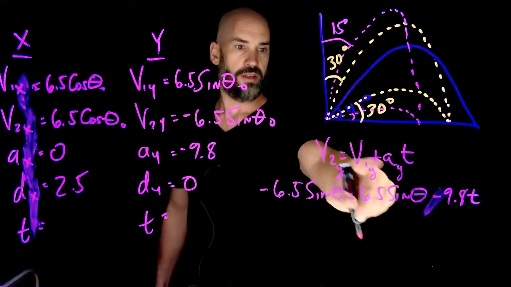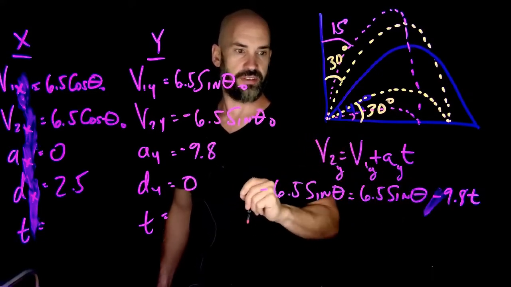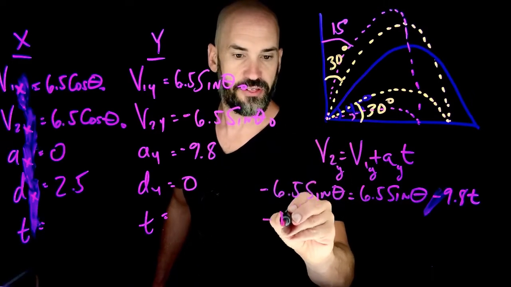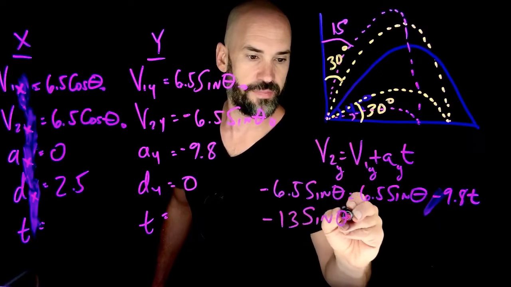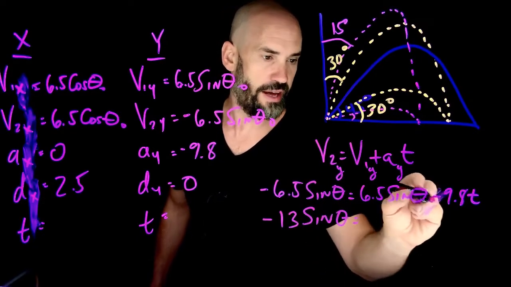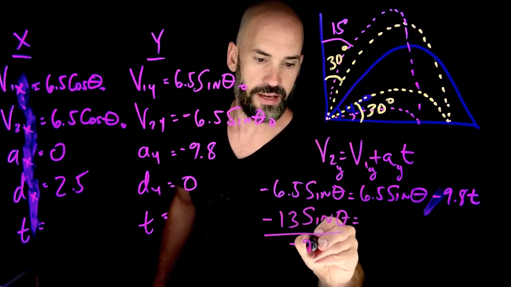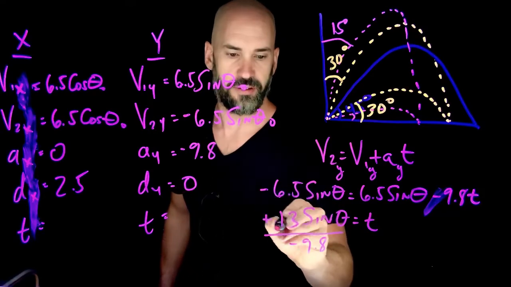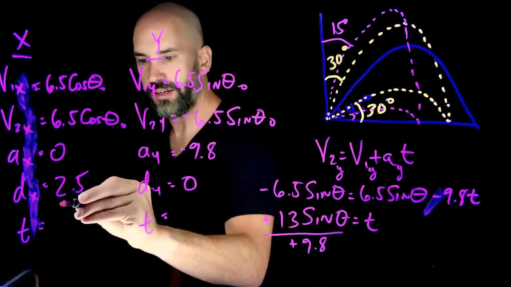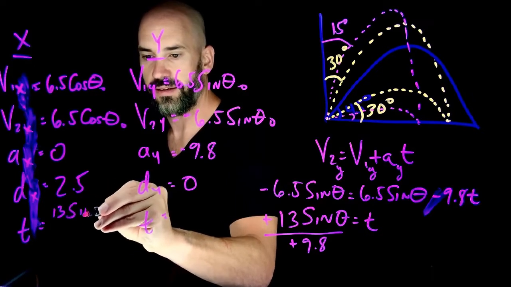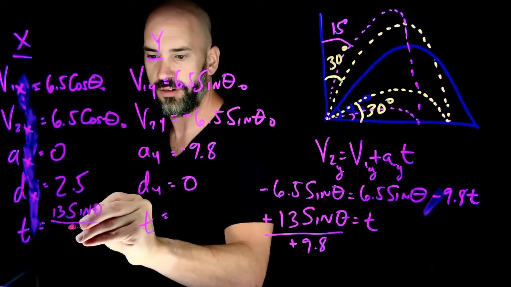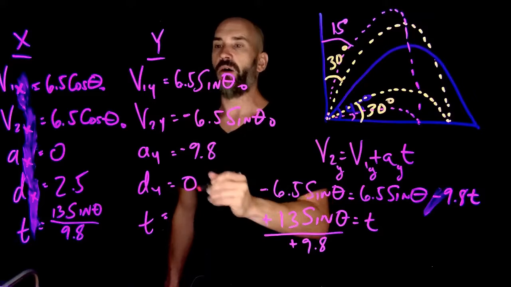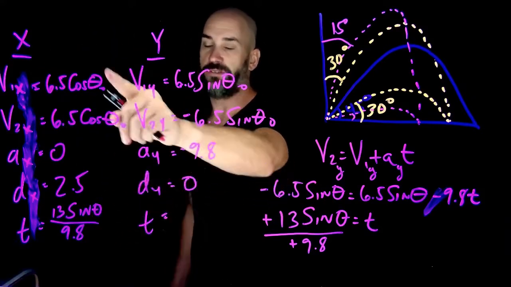So this acceleration is negative, obviously, so I have to put that negative sign there, okay? And now I'm going to bring this guy over to the other side, and I get negative 13 sine of theta equals, well, I'll just go ahead and divide also by the negative 9.8, and I get t, okay? How's that? These cancel, these become positive. So now I have the time, and I could put 13 sine theta over here divided by 9.8. All right. So now I can use this dimension to solve, hopefully, for my theta.